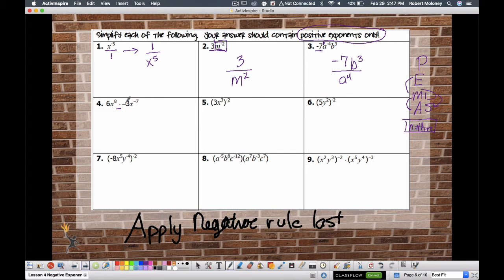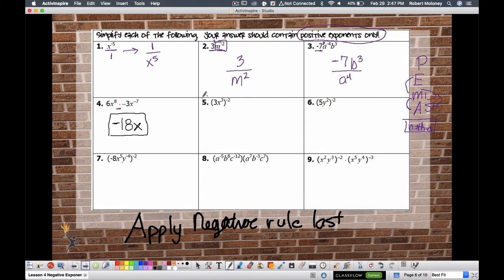If I do 6 times negative 3, I get negative 18. But now my product rule jumps in and I go 8 minus 7, or 8 plus negative 7. Well, 8 plus negative 7 is positive 1. So now I no longer have that negative to take into account. I have my positive exponent.